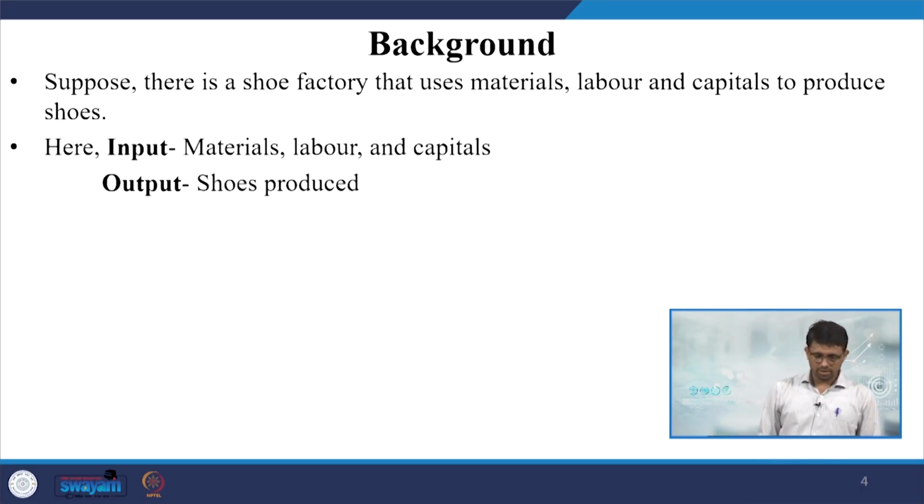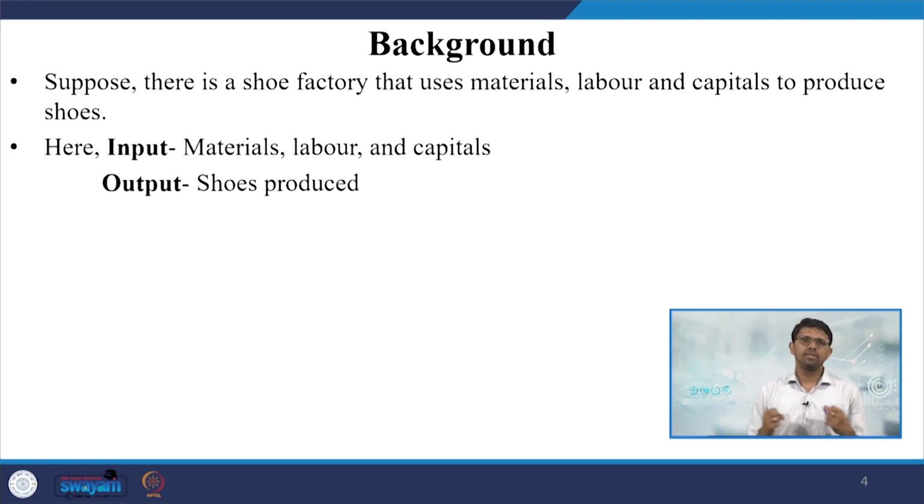Now I will just give you the background of the productivity and efficiency analysis. We start with an example. There is a shoe factory that uses various materials including labor and capital to produce shoes.